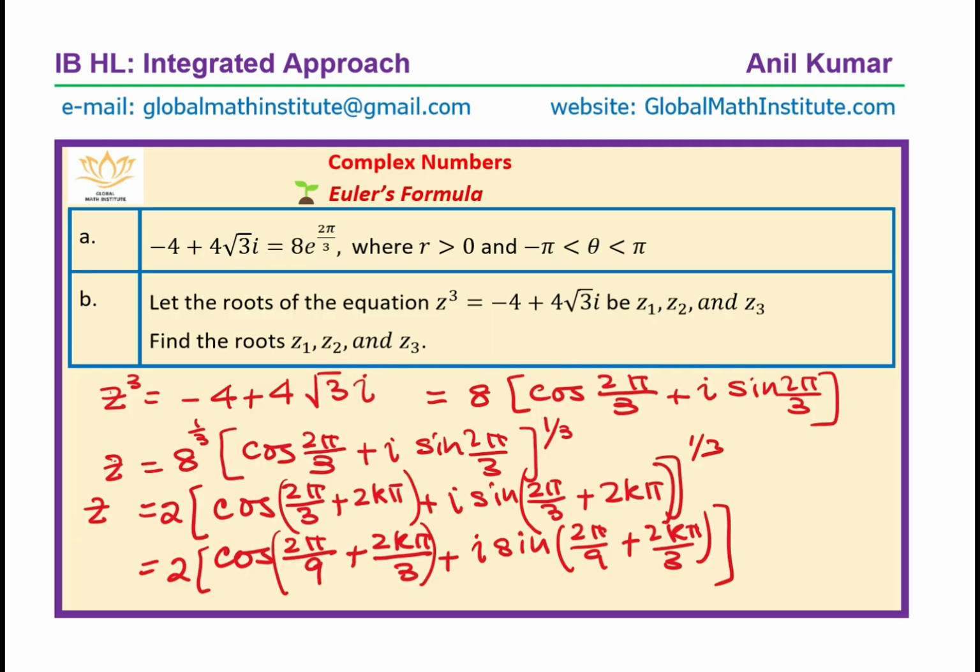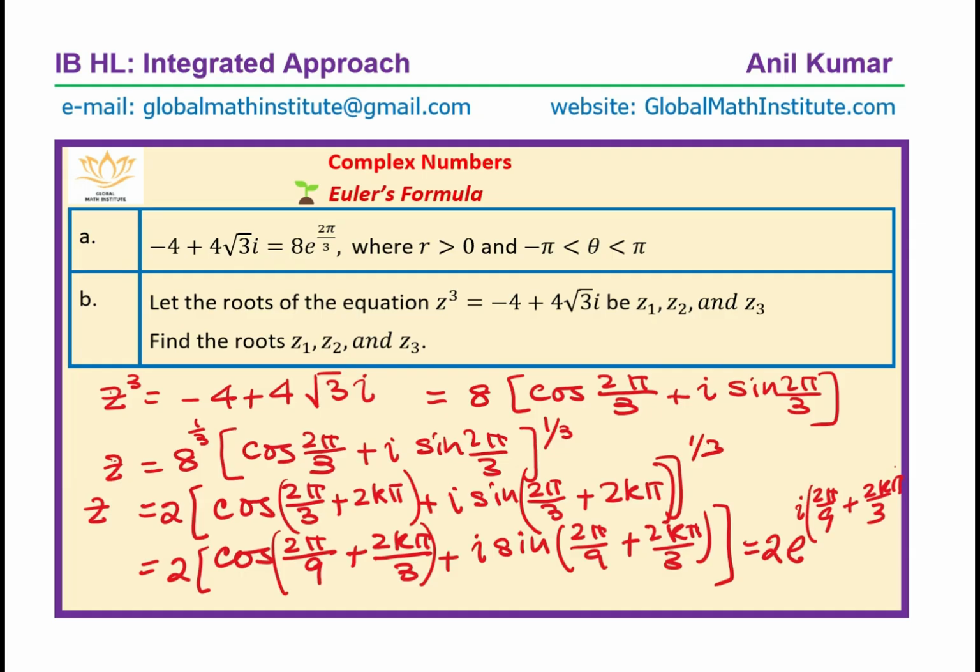Now we can put different values of k to get our solution, right? So the solution now, you can write using Euler's formula, as 2 e to the power of i, 2 pi by 9 plus 2k pi by 3, right?